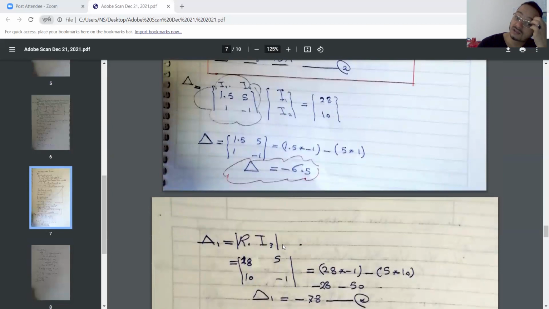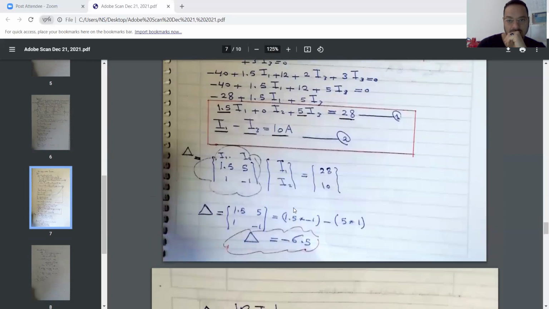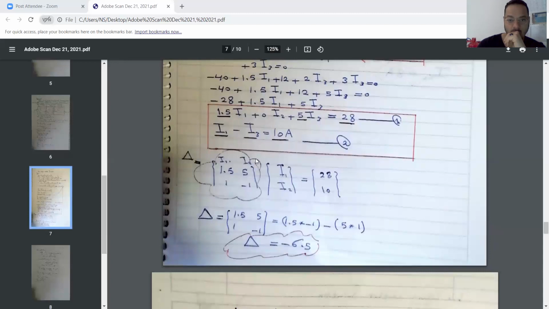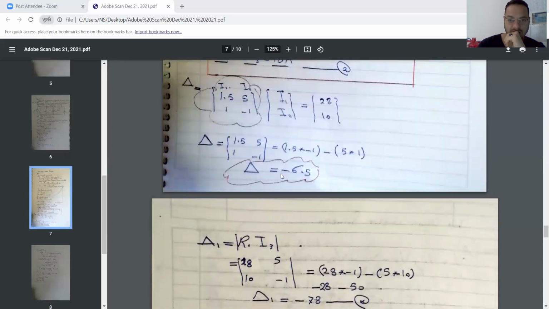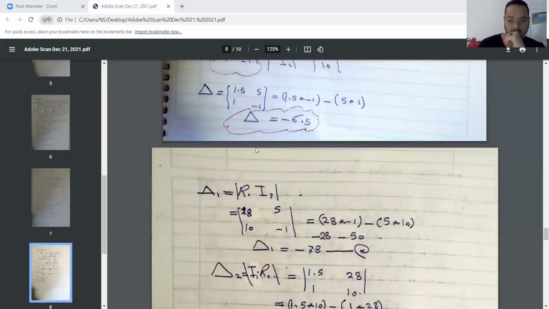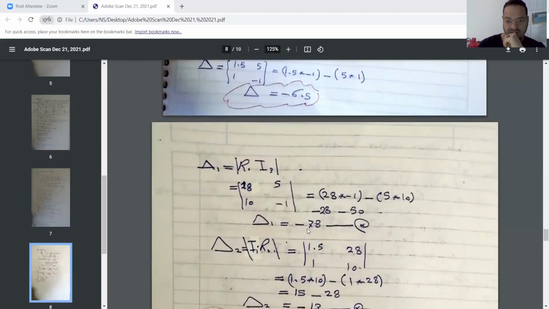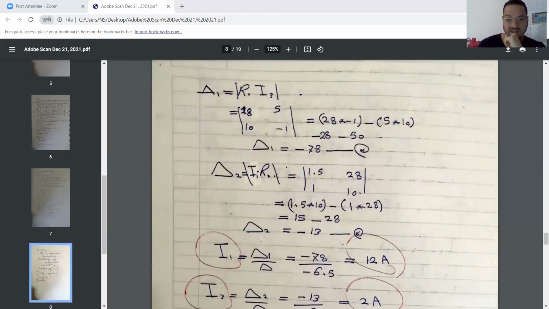And after that, let's calculate delta 1, which will be the result column times the I3 column. The result 28 here, 10 here, and I3 column 5 and minus 1. The result will be minus 78. Delta 2 will be the I1 column times the result column: 1.5, 1, result 28, 10, to be minus 13.